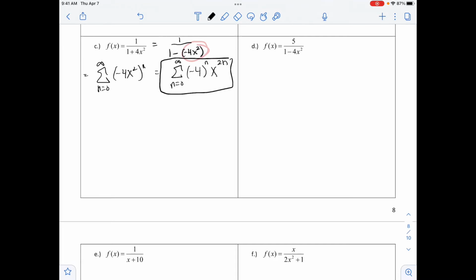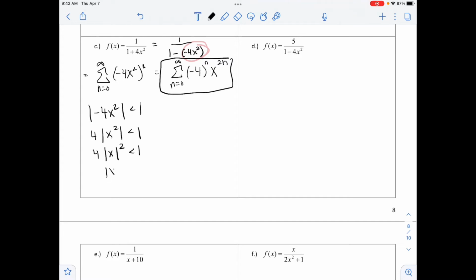To figure out the radius and interval of convergence, we would have the absolute value of negative 4x squared less than 1. And this would be the absolute value of negative 4, or just 4, times the absolute value of x squared is less than 1. This is also the same thing as 4 times the absolute value of x, and then squaring that, less than 1.